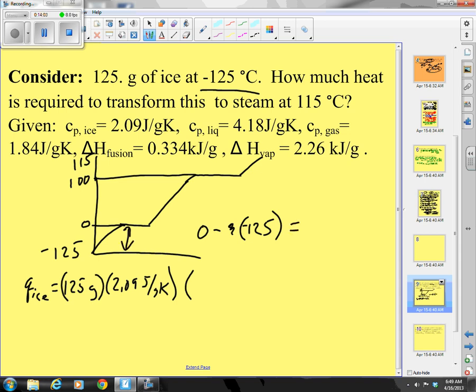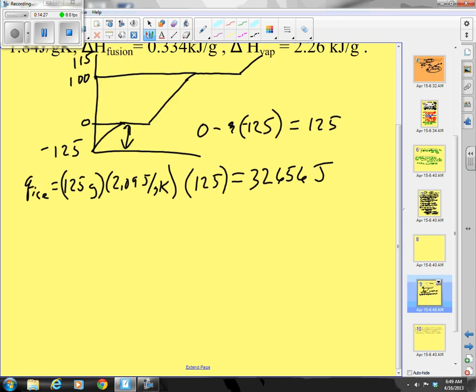It is 125. So I have 125 times 2.09 times 125, and I get 32656 joules.